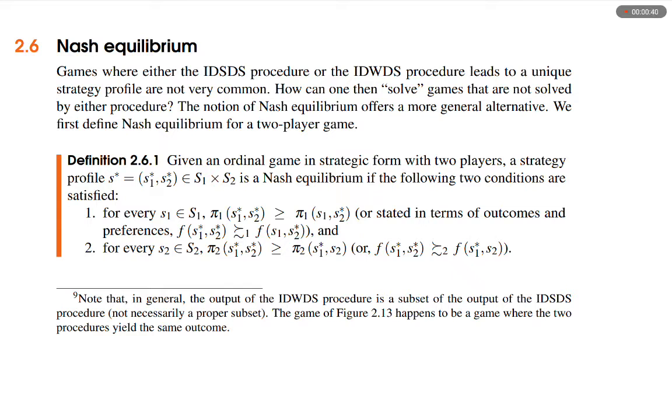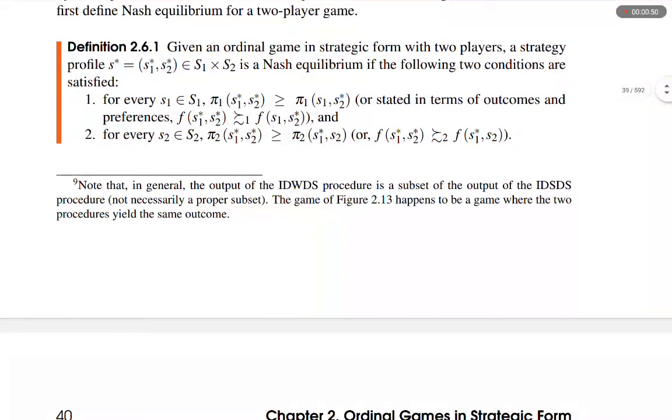Definition 2.6.1. Given an ordinal game in strategic form with two players, a strategy profile s* = (s*_1, s*_2), an element of S_1 × S_2, is a Nash equilibrium if the following two conditions are satisfied. 1.